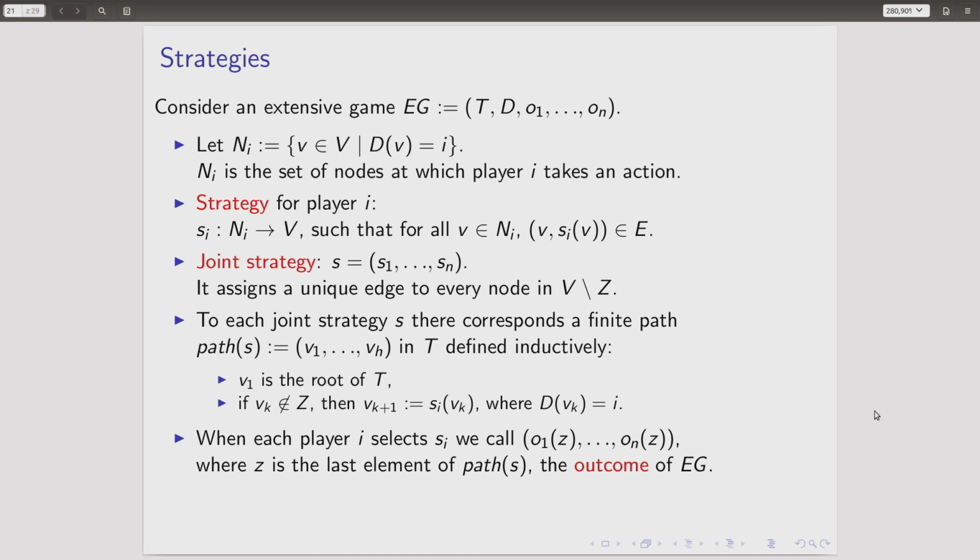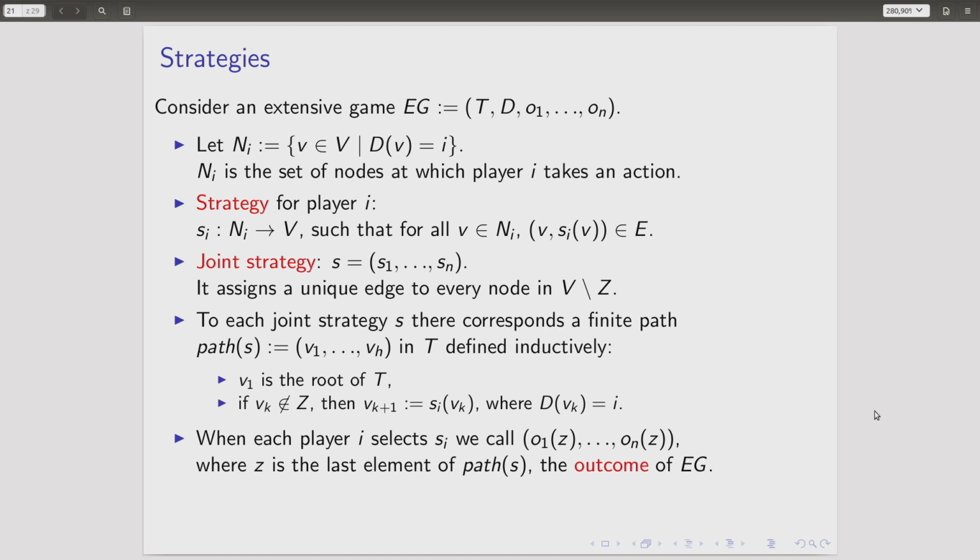Now, how do we proceed? Well, we just check which path in this huge tree will be selected. There is a path, a finite path, this tree is finite, which corresponds to this joint strategy, one strategy for each player. And we simply proceed down this path.